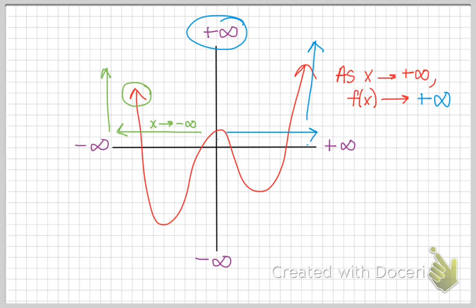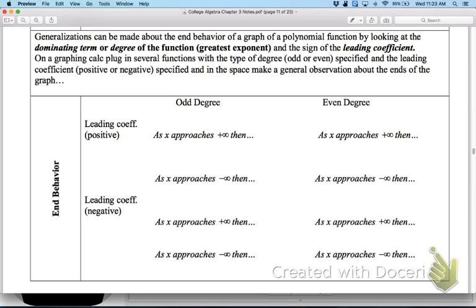So when we look at these rules for end behavior, if you remember from Algebra 2, the two things that we need to look at are the leading coefficient of the polynomial, and the degree of the polynomial, okay?